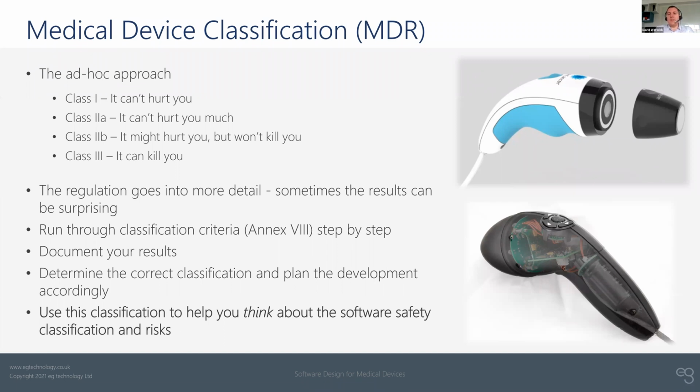What that means is that the vast majority of devices probably sit in the class 2A or class 2B designation. And what we'll see in the next couple of slides is that you should use the overall device classification to think a little bit more about your software development processes and the software safety classification that's required as part of the 62304 process.